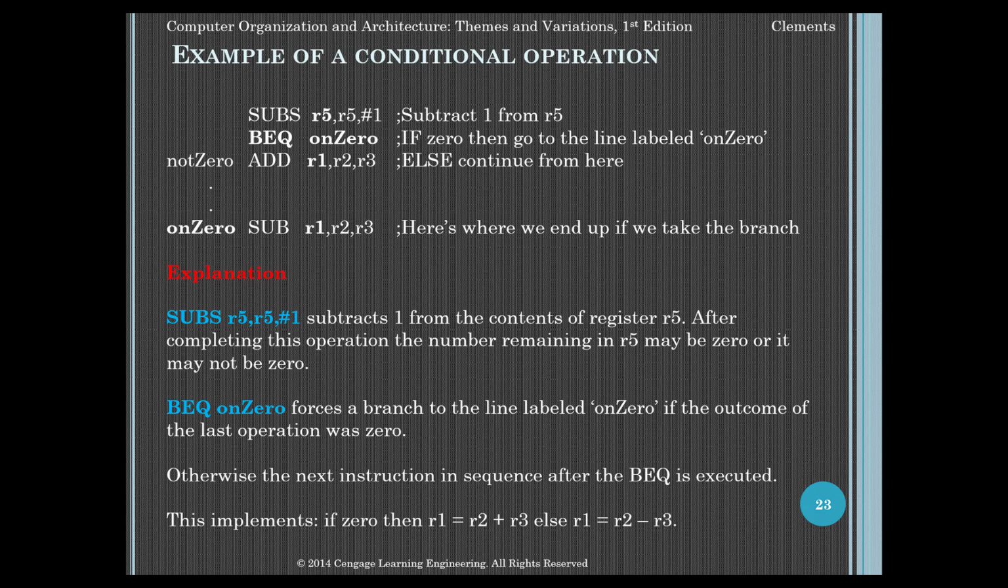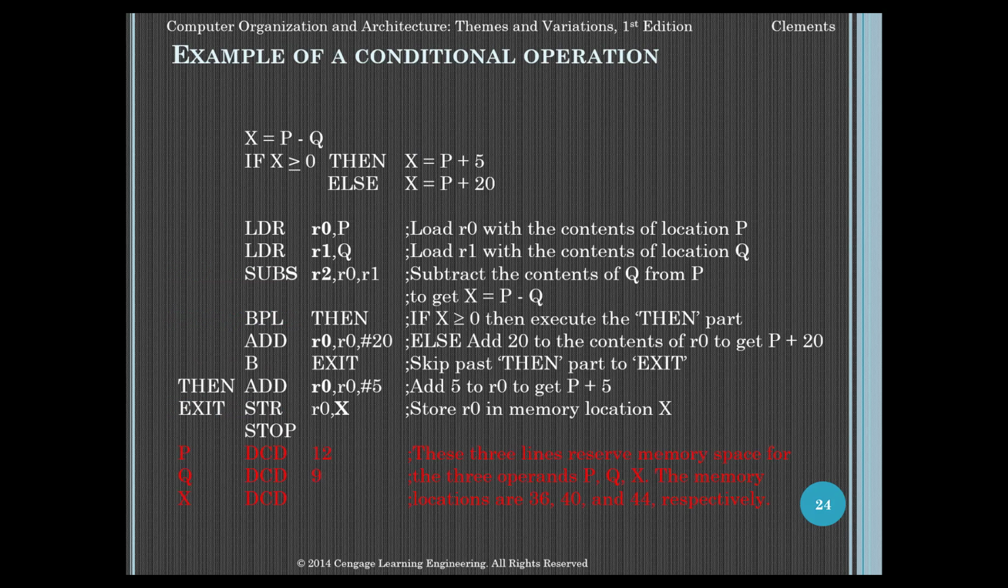If x is greater than or equal to 0, then we're going to do our add operation and add p to 5. If it's not, then we're going to take our p and add it to 20, right? So we're just pseudocoding. Translating that into ARM code using the subset of ARM instructions that we defined in the earlier panel, here's how this goes.